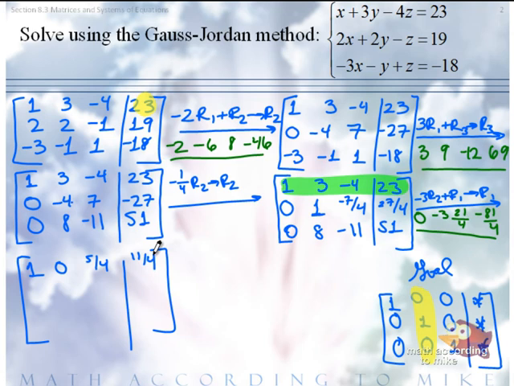Sure. So negative 4 plus 21 fourths. Well, negative 4 is negative 16 fourths because we need to common denominators there. So negative 16 plus 21 is 5, and then over 4. And then the other two rows stay the same.